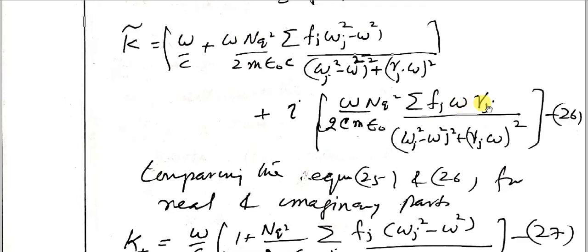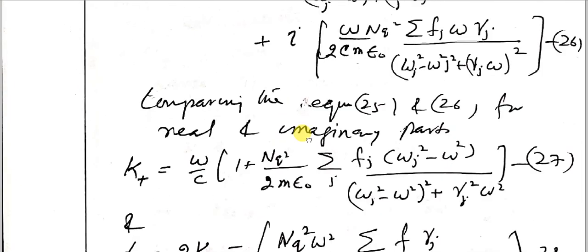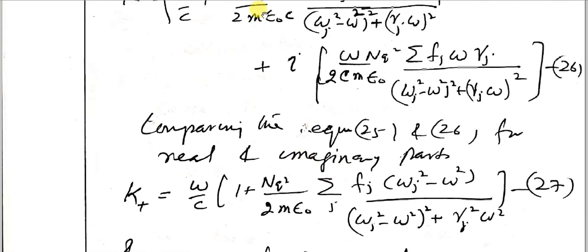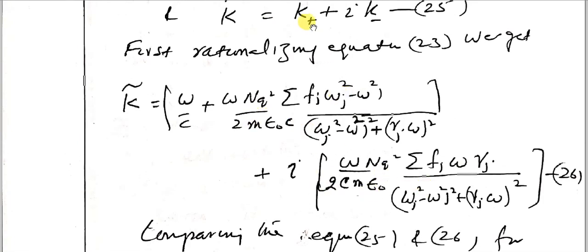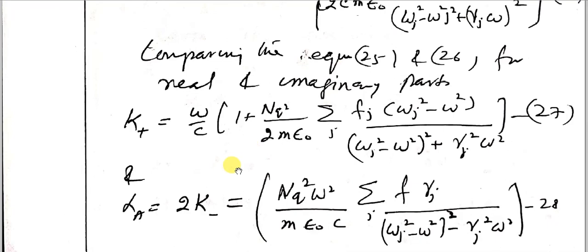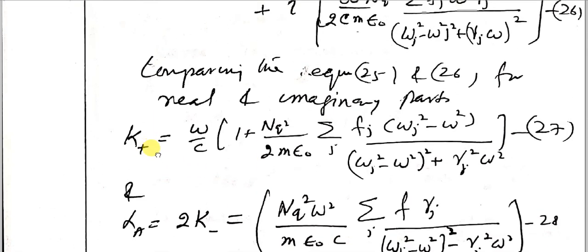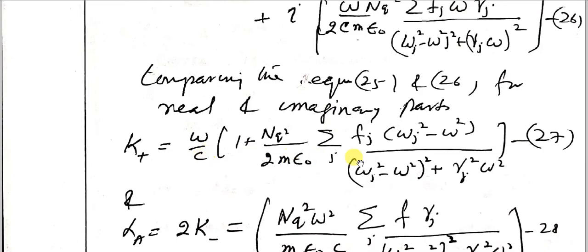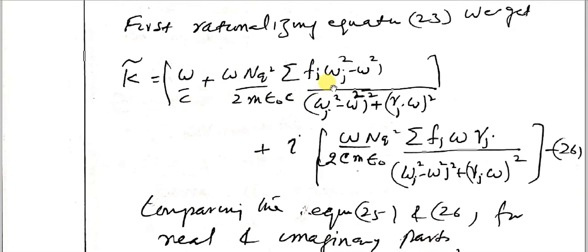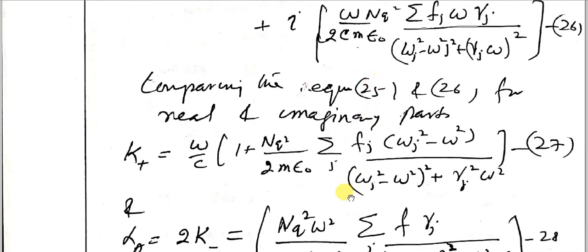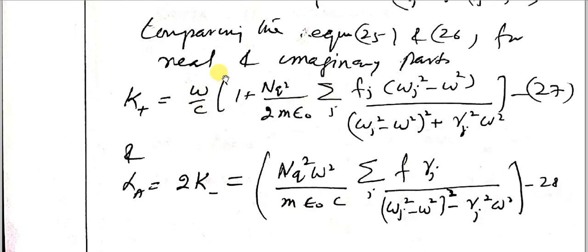Then we get k plus is equal to omega by c, and this whole term here is k plus and this is k minus. So k plus is equal to omega by c into 1 plus n q square by 2 m epsilon naught, sum over j of f j times omega j square minus omega square, divided by omega j square minus omega square whole square plus gamma j square omega square, while the absorption coefficient alpha is equal to 2 times k minus.